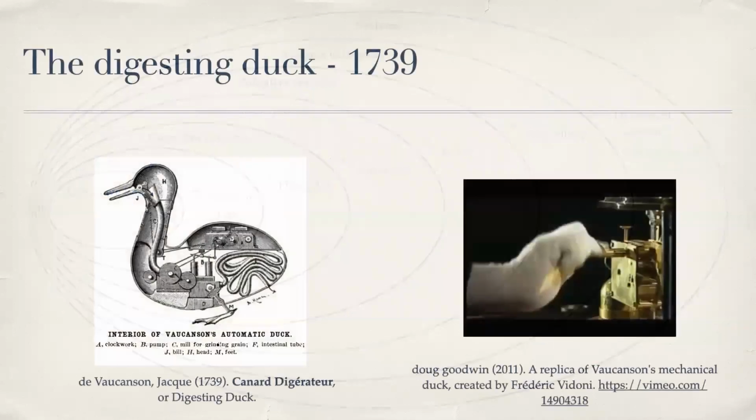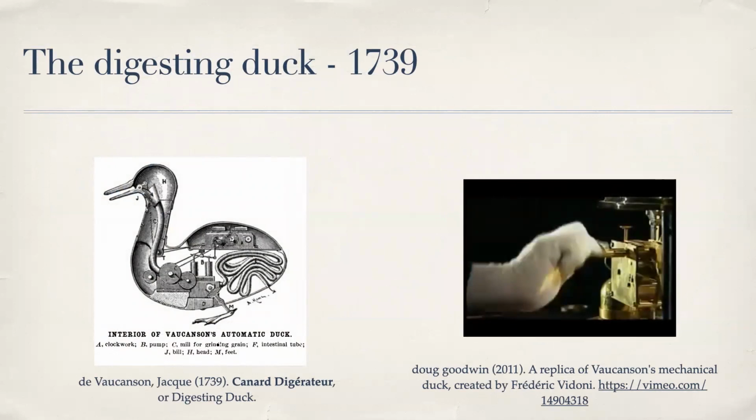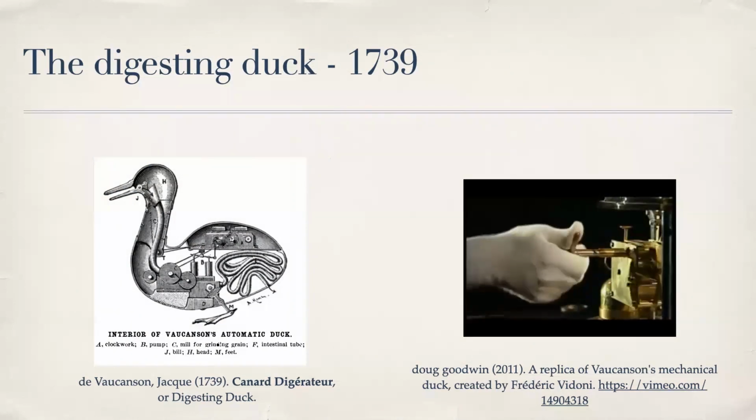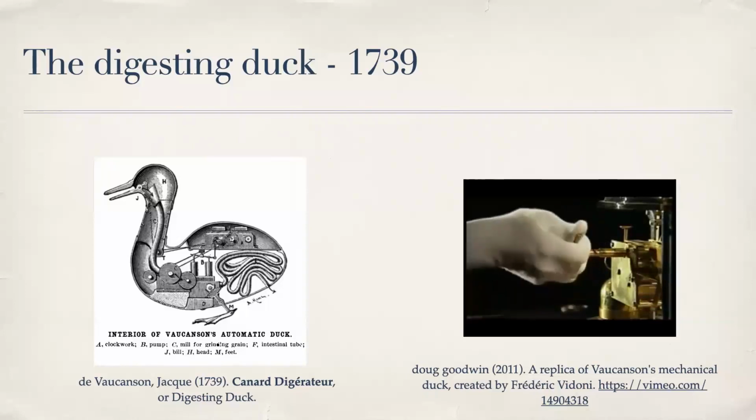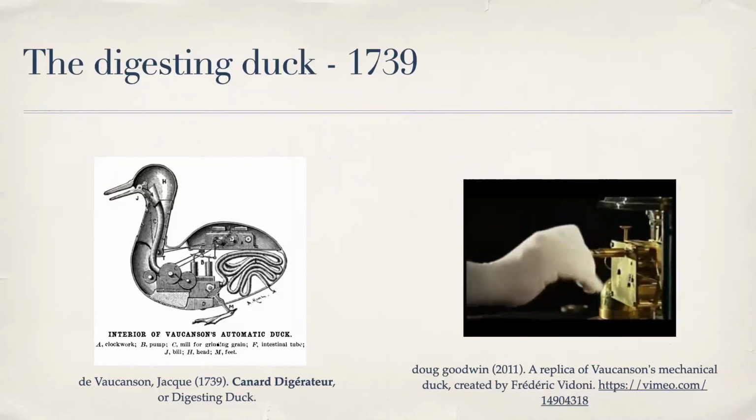Okay, next example. How many of you have ever heard of this digesting duck? Anyone? Okay, so this is an example from 1739, one of the first modern automata. Vaucanson tried to build, okay, this is not a video from that time, of course, but this is a good example of a modern implementation of the original project.